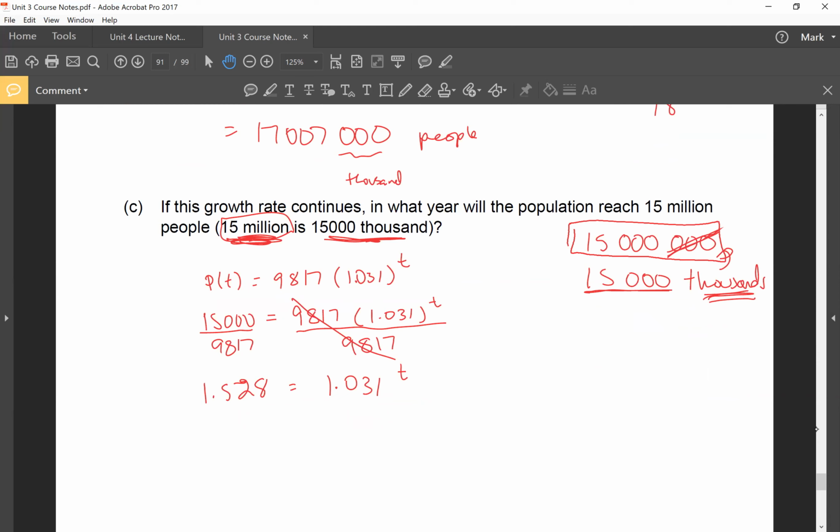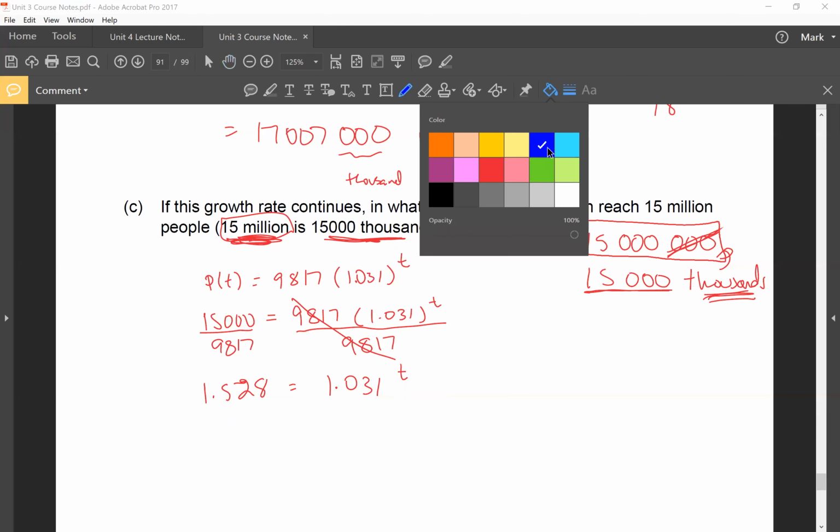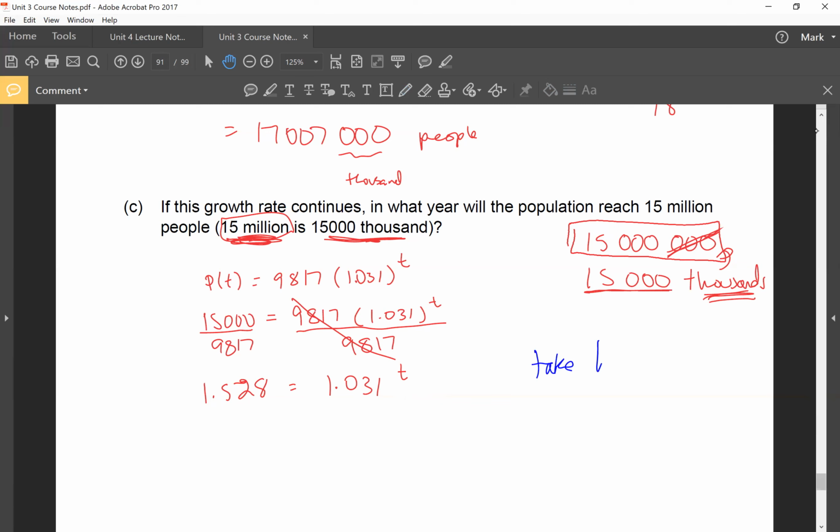Now what I want to do is take the logarithm of both sides. You can use whatever you want. You can use log or you can use ln. It might be easier to just keep using ln because all it is is a button on your calculator. So take the logarithm of both sides.